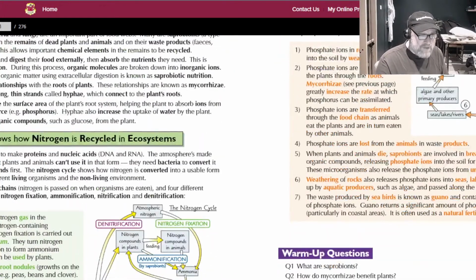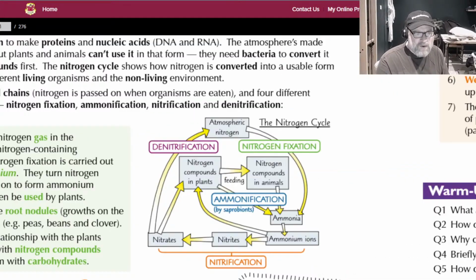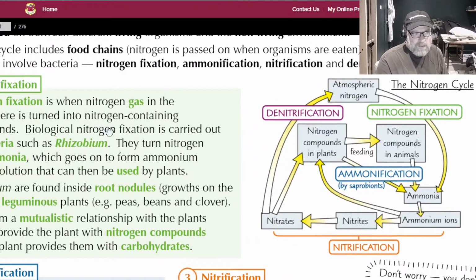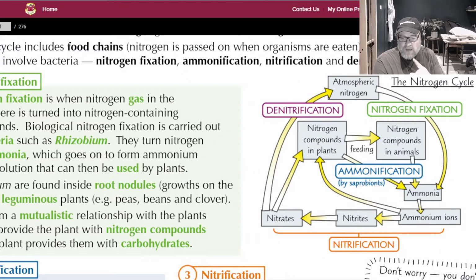So if I zoom in on something here, and it says nitrogen fixation is when nitrogen gas in the atmosphere is turned into nitrogen containing compounds, I would have a revision card. On one side: what is nitrogen fixation? On the back: it's when nitrogen gas is turned into nitrogen compounds like ammonia, NH3.